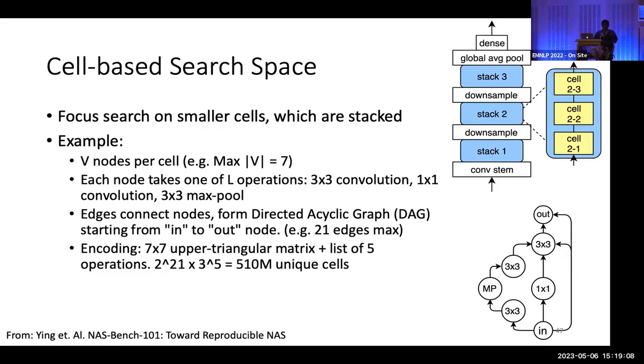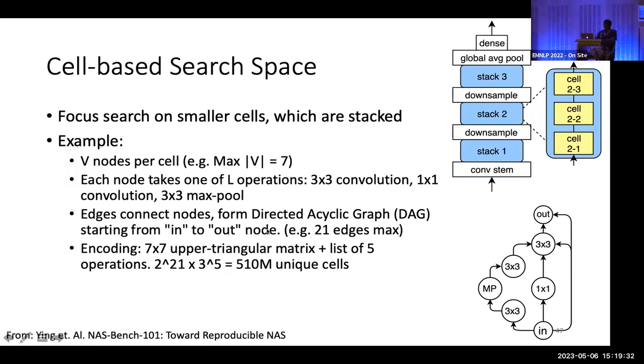So you can just search within a single layer and then just stack them. And you just decide, okay, I'm going to stack 10 of them. It's some kind of fixed hyperparameter. So in cell-based search methods, they focus on within the layer, which they call a cell, what things to optimize. So there you can get very fine-grained.